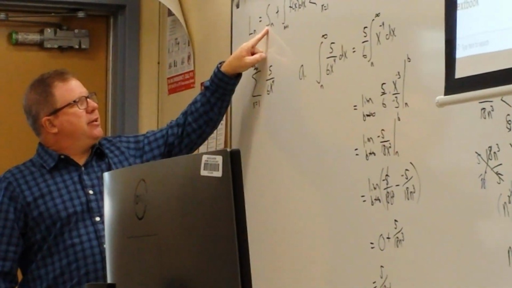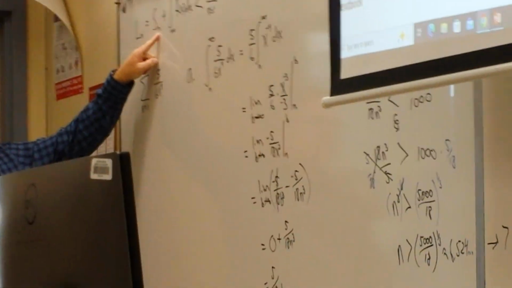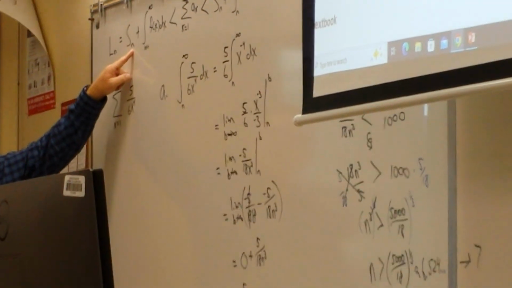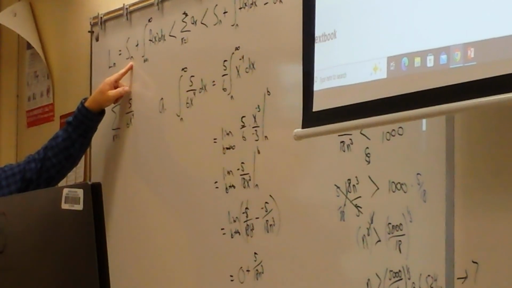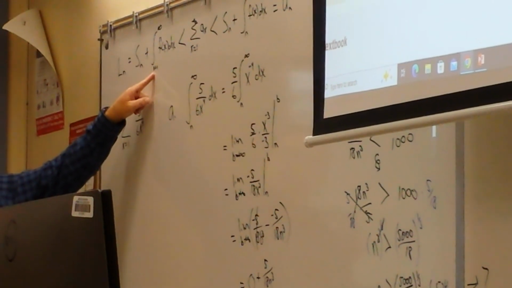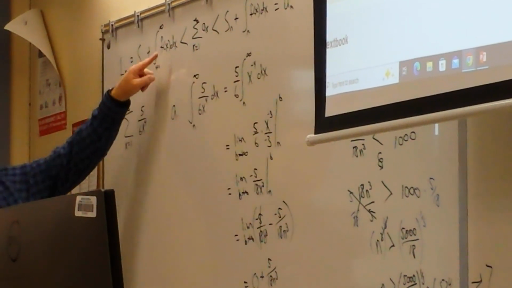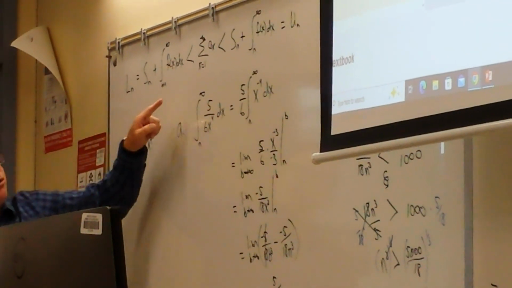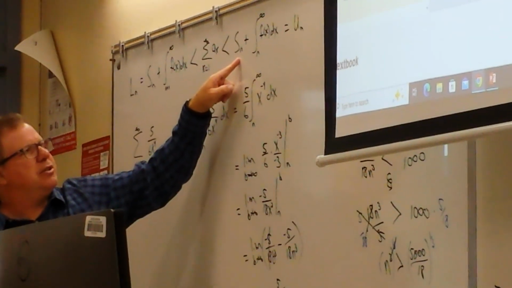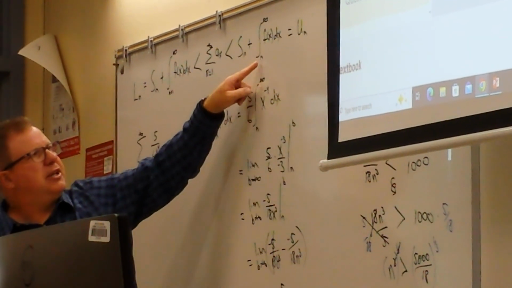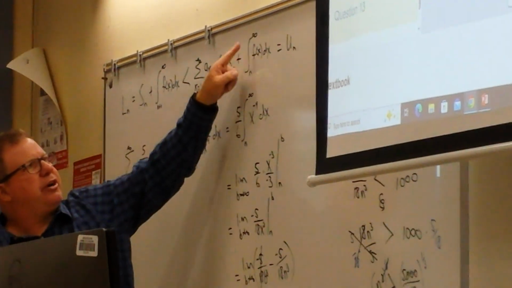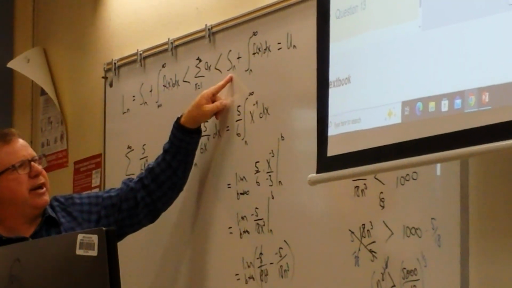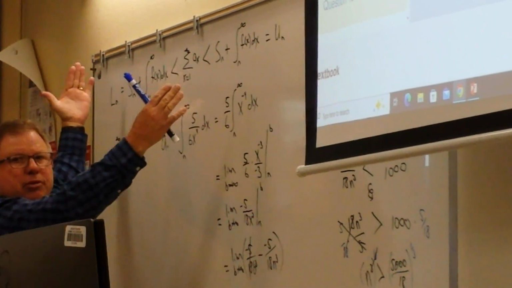To do that, we have to do S sub 10. That means we have to add up the first 10 terms, and then we need to put 10 in for n here, and calculate this integral, and add it to this. Then over here we need to take the sum of the first 10 terms, put 10 in for n there, calculate that integral, and add it to that. That'll give us an upper and a lower boundary.